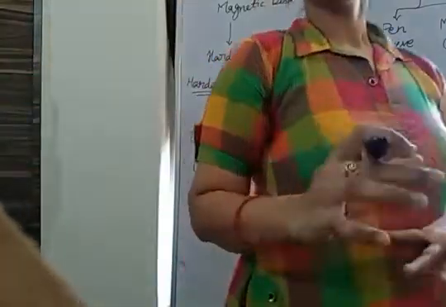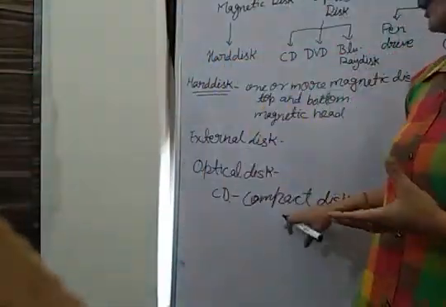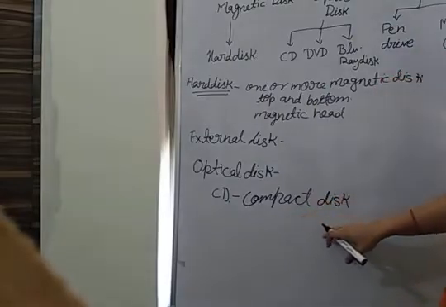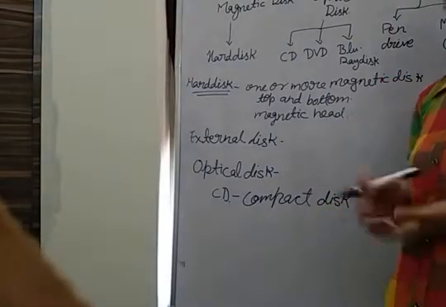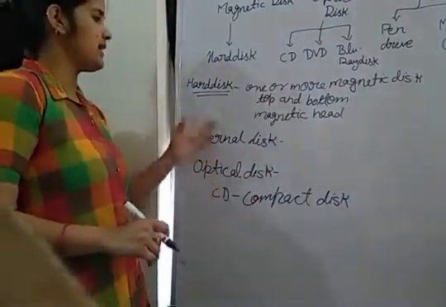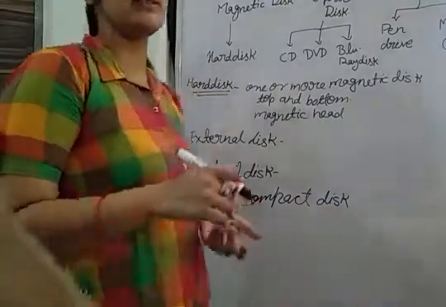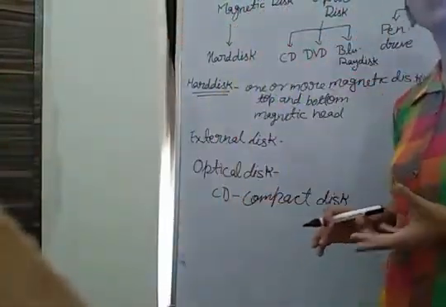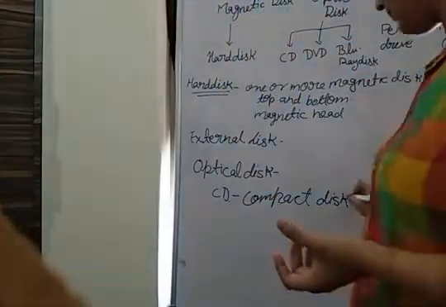Okay, now one more point, the lifespan means life of an optical disk is more than a magnetic disk. Means the life of a CD is more than a hard disk, magnetic disk. Okay, and it can hold up to 700 MB of data.